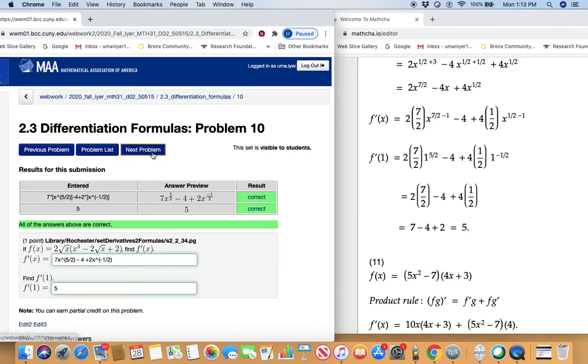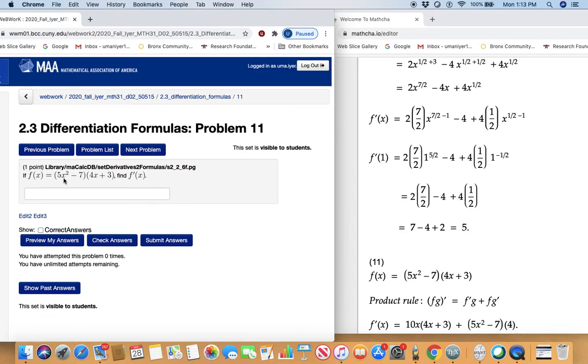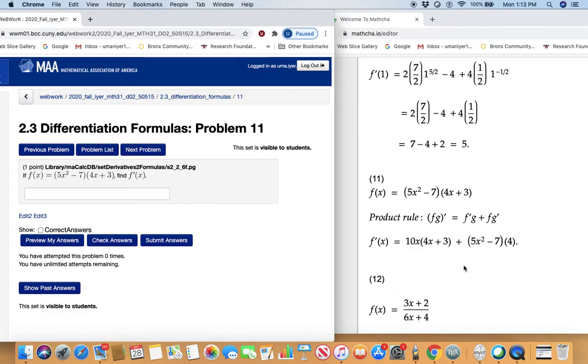All right, next problem. You have a product of 2 polynomials, find the derivative. We need to use the product rule. f times g: derivative of the first, second as it is, plus first as it is, derivative of the second.